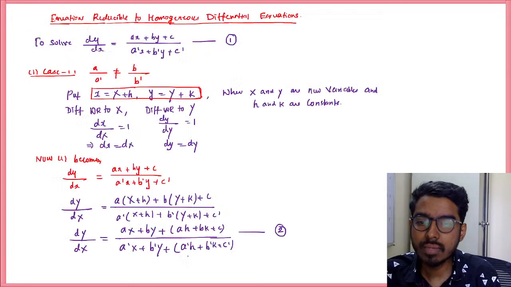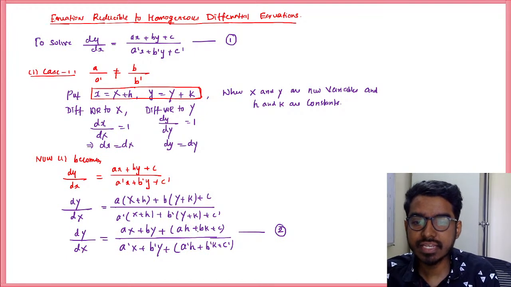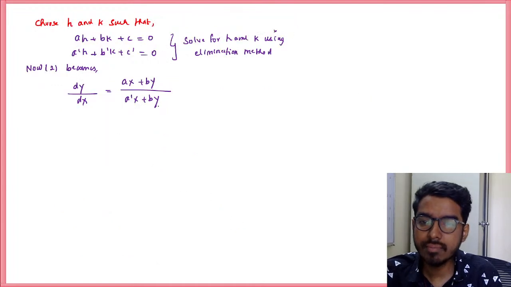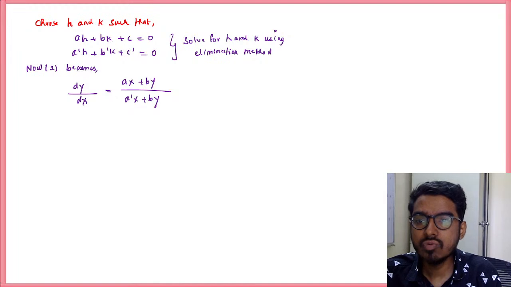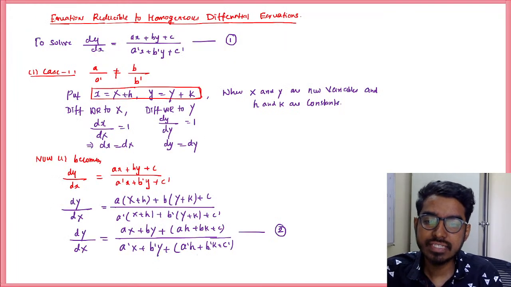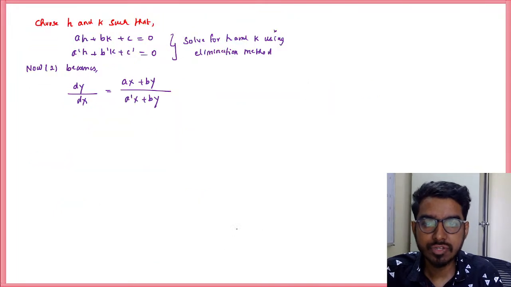Now these two constant terms will become 0, right? Because we have substituted h and k, we are finding h and k such that this is 0, this is 0. So therefore 2 will become like this, because we have found h and k such that both are 0: ah plus bk plus c is 0 and a dash h plus b dash k plus c dash is 0.